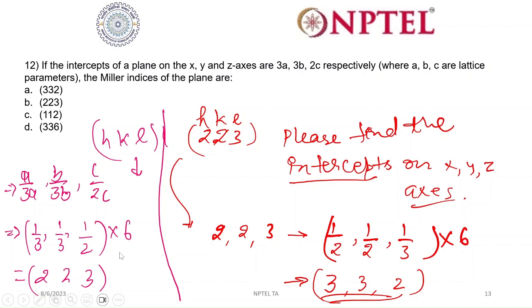Every question like this, when the intercepts are given as h, k, l, reverse the process again. Check the inverse. Convert it to the smallest integers. These are the intercepts within a, b, c.